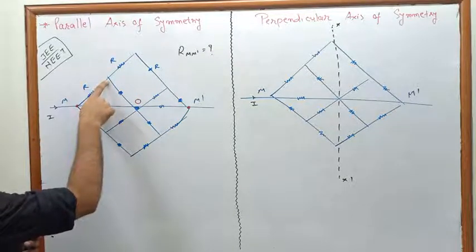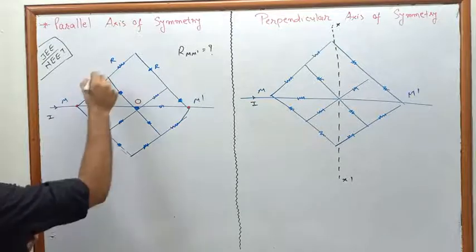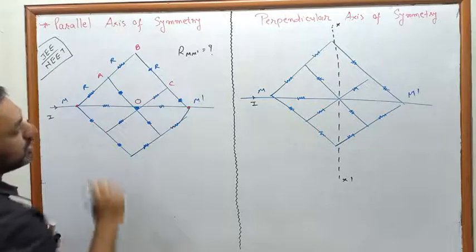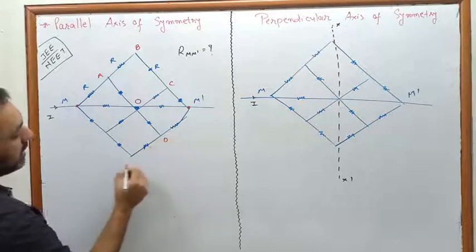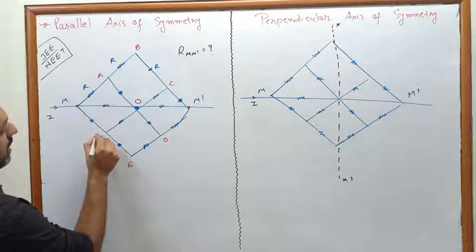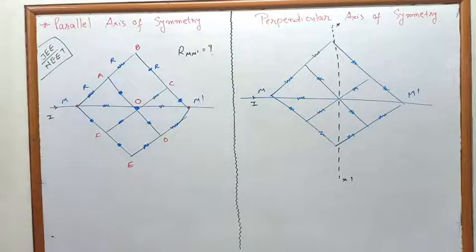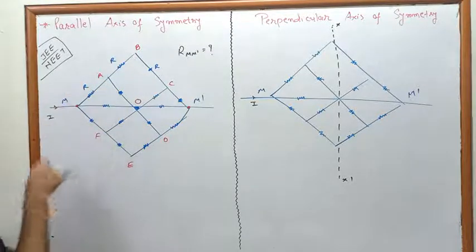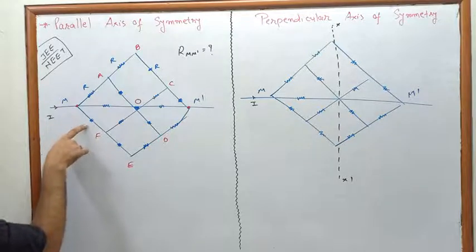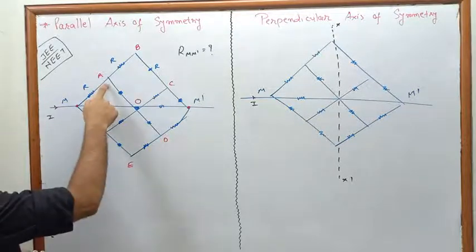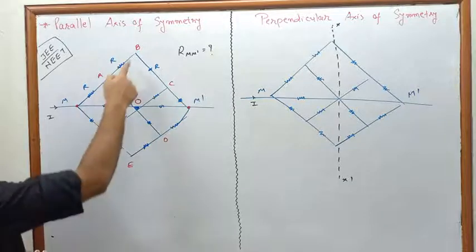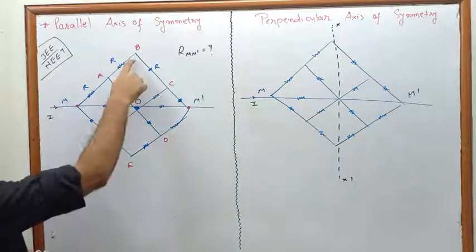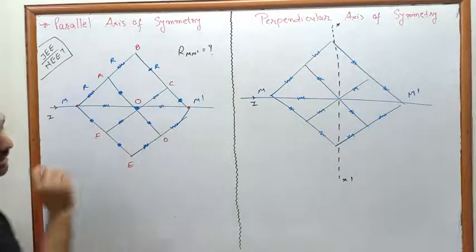Suppose this is point A, this is point B, this is point C, point D, point E, and point F. Between these two points you have resistance R. Similar case, between these two points you have resistance R. Okay, these two points are symmetrical. These three points are symmetrical, but you have to consider B and E, C and D.